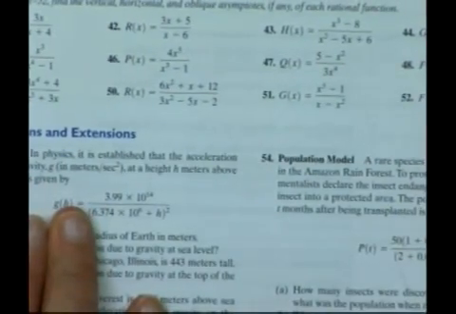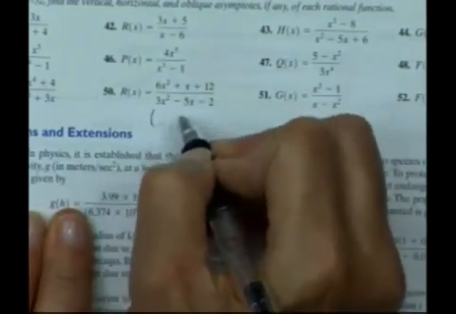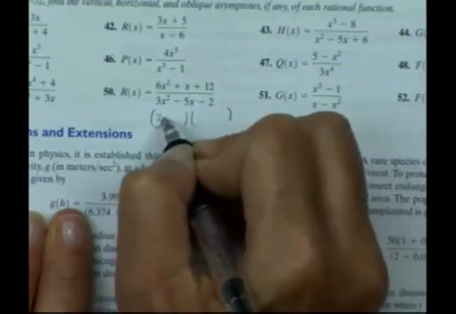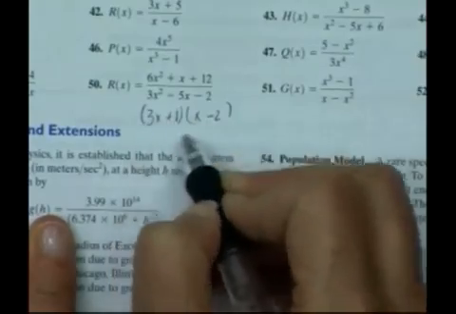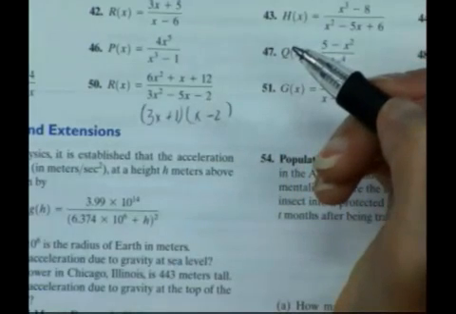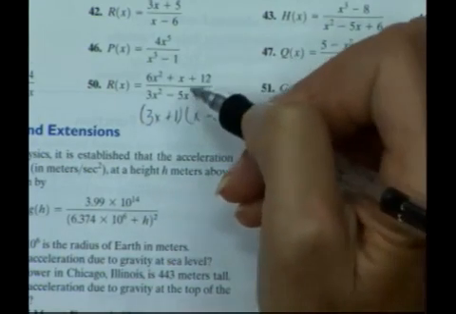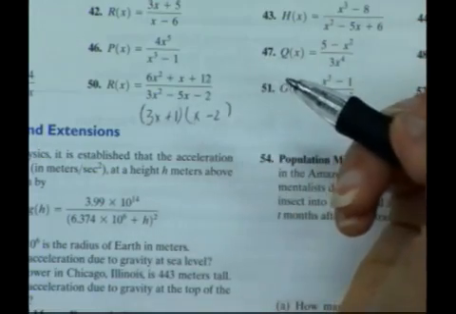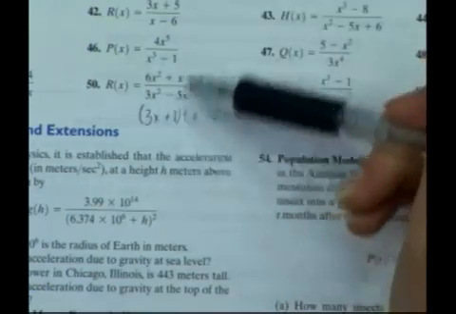Let me see if I can factor that real fast. 3x minus 2 plus 1. Is that right? Negative 6. Yep. And does the numerator factor? Nope, it does not factor. All right, so this is already reduced.